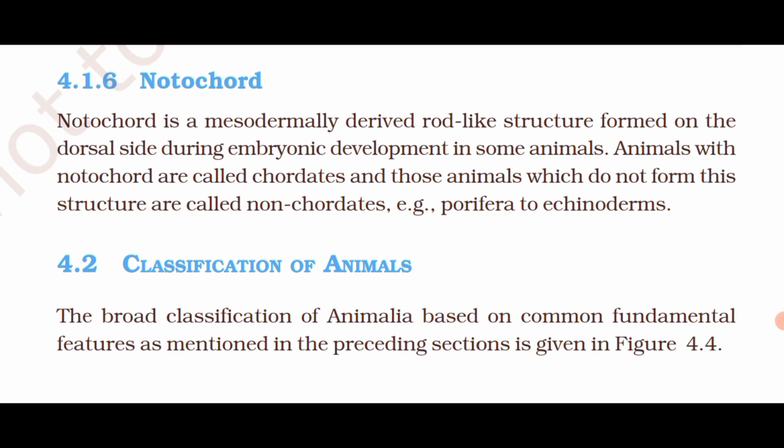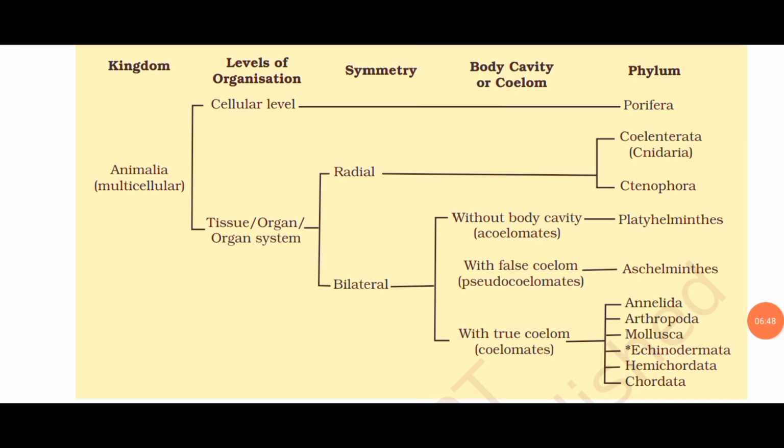4.2 Classification of animals. The broad classification of Animalia based on common fundamental features as mentioned in the preceding section is given in Figure 4.4. Kingdom Animalia, multicellular. Phylum Porifera has cellular level of organization.